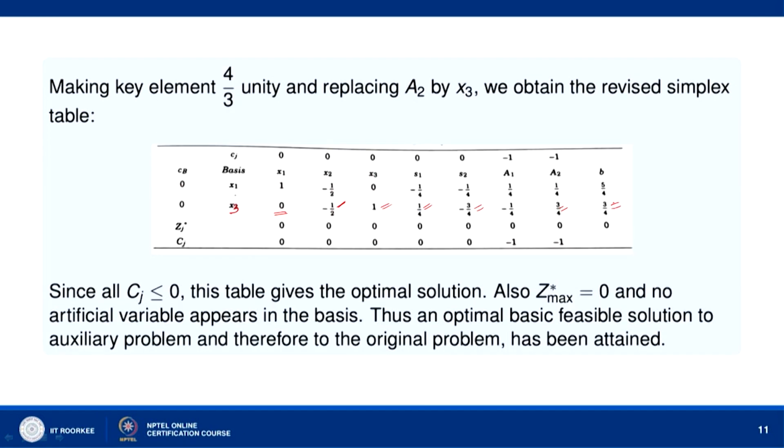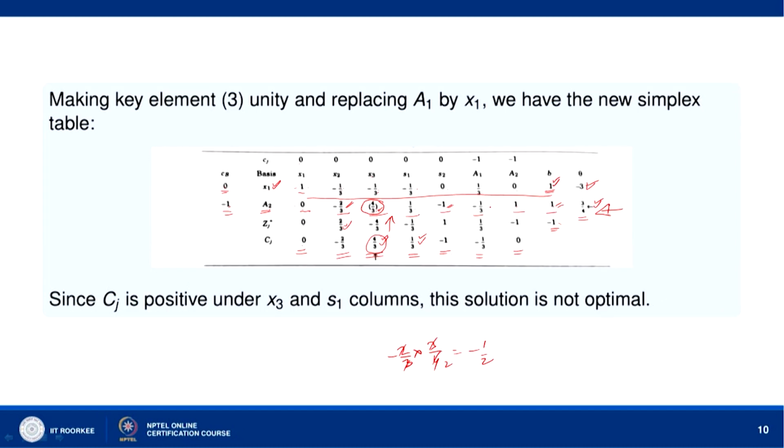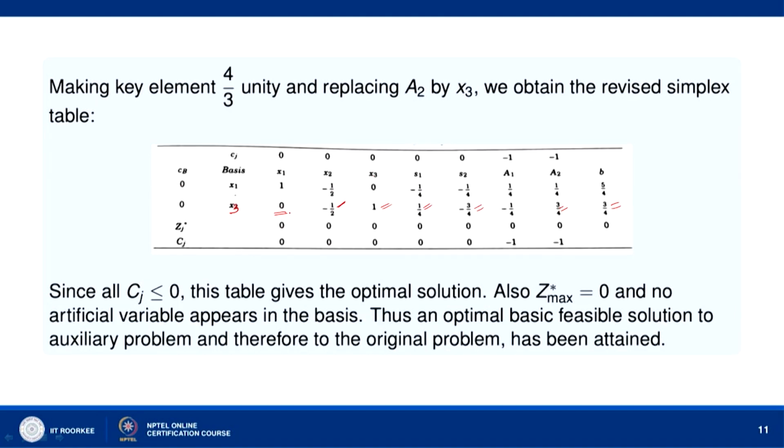In the A1 column, minus 1 by 3 divided by 4 by 3, we get minus 1 by 4. So, this is the new row that we get after dividing by 4 by 3.